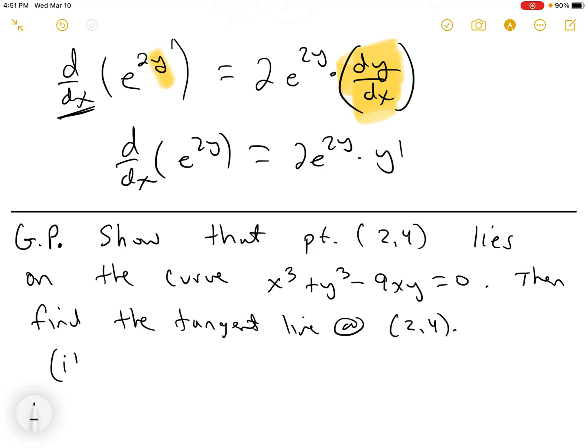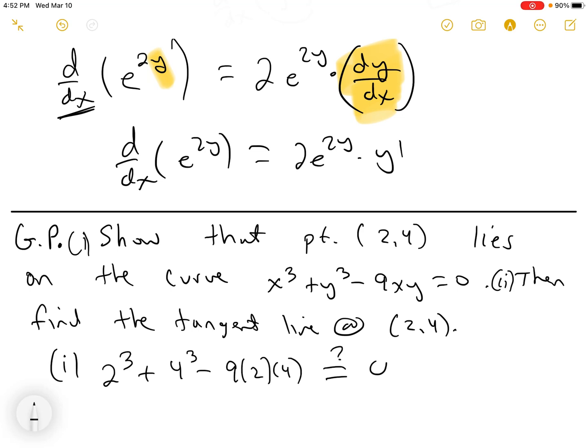So this is the book's notation. So 1, show, and then 2, show that. So 1, we're just showing the point is on the curve, right? So let's check, because it wouldn't make any sense if it wasn't. So we have 2 cubed plus 4 cubed minus 9 times 2 times 4. And the question is, is that equal to 0?